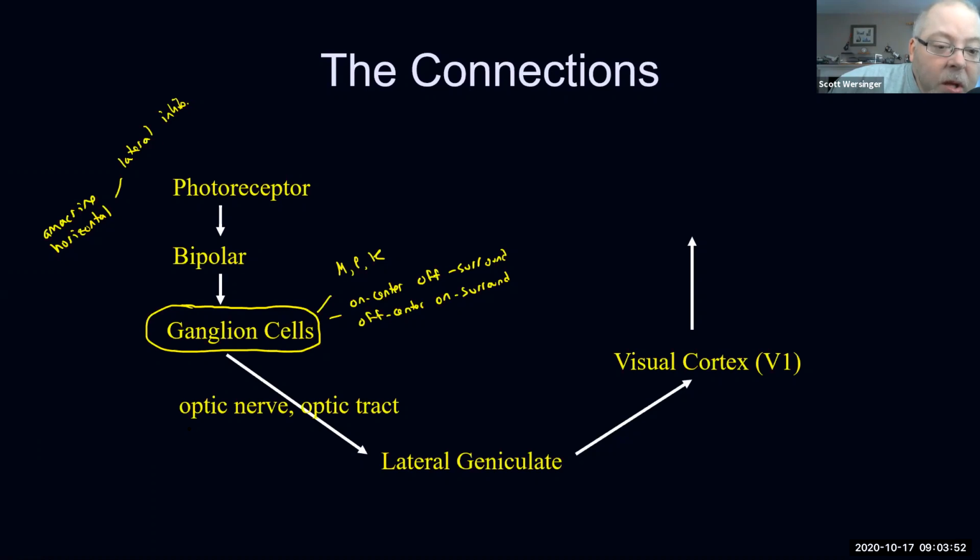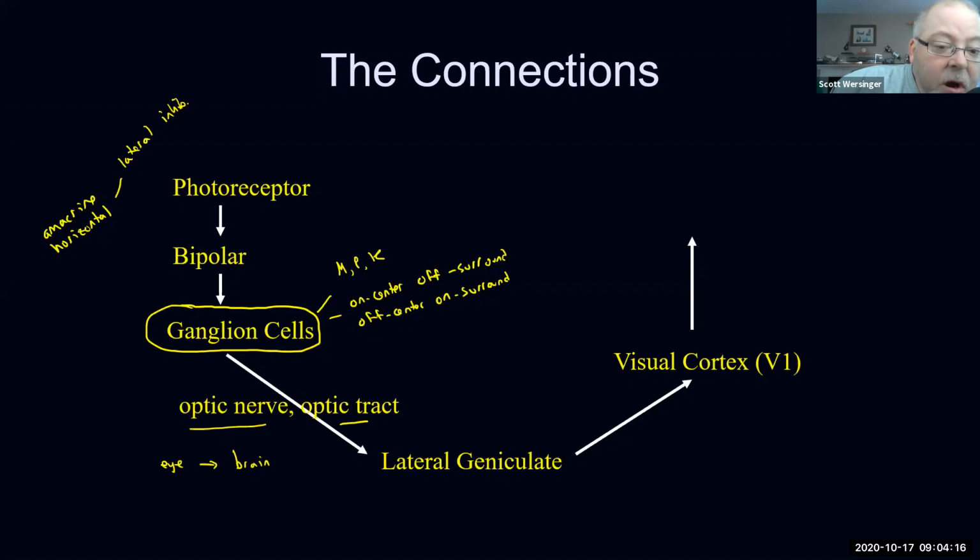Hanging off each eyeball is going to be an optic nerve. Okay, so this is from the eye to the brain, basically. Once we get to the brain, now some fibers are going to cross. We'll talk about that in a minute. But now those bundles of nerve fibers are called the optic tract.